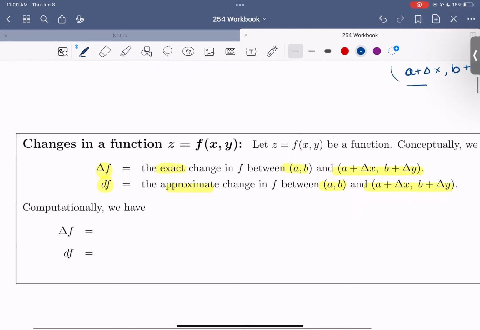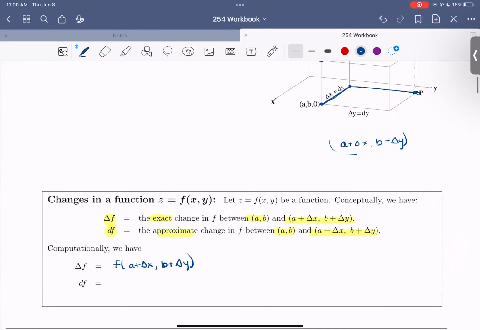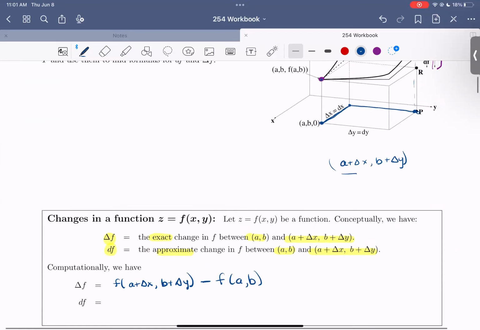That would look like f of (a plus delta x, b plus delta y), the output at this P input value, and then we subtract the output at f of (a, b).